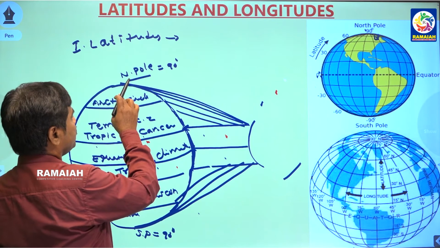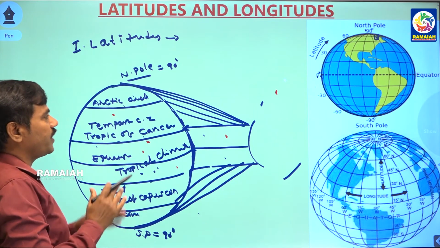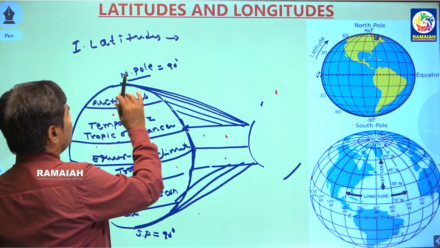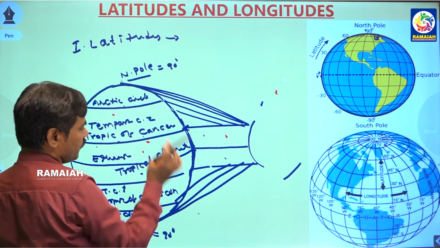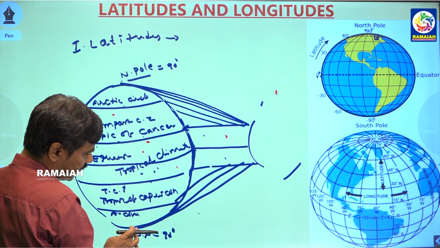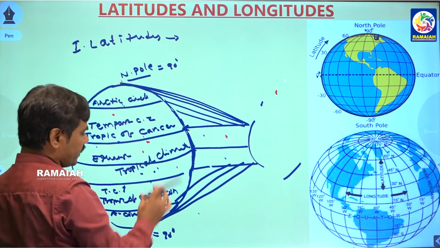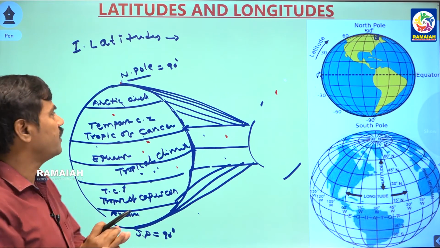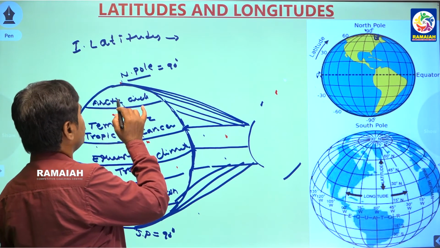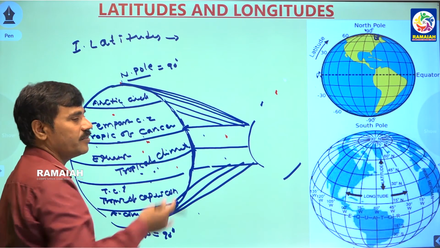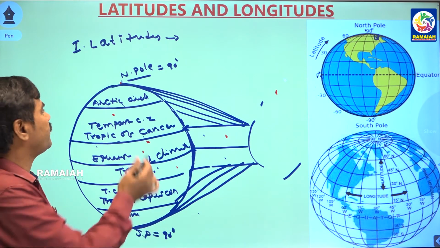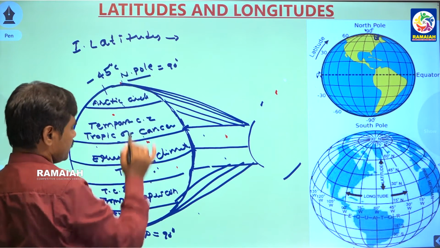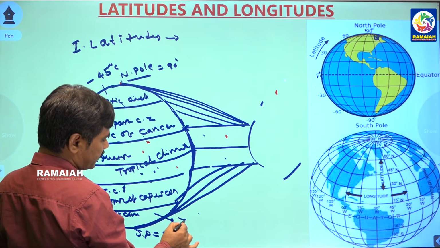That's why this region receives temperatures in minus degrees. Means from 66 up to 90, both regions record the very lowest temperature, nearly more than minus 45 degrees.